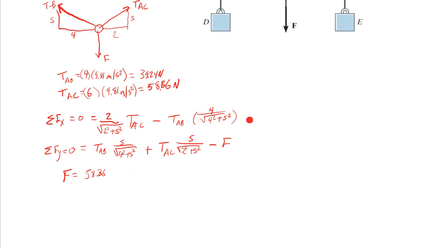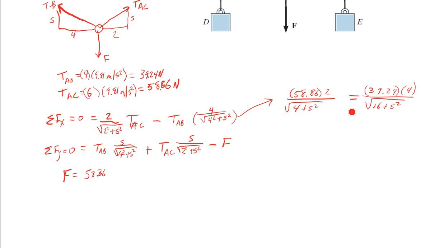So I'm going to take this and find my S. So let's see, I've got 58.86 times 2 over the square root of 4 plus S squared, minus 39.24 times 4 over the square root of 16 plus S squared, and that equals 0.